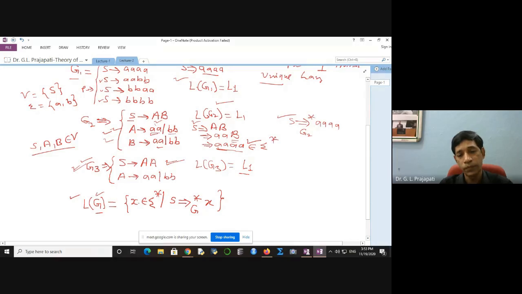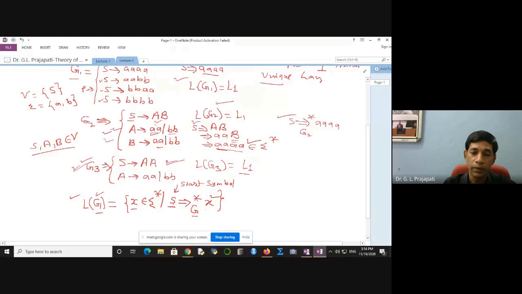If you are given a grammar, the language represented by the grammar G can be defined like this. It is the set of strings x taken from sigma star, where sigma is the alphabet of the language, such that starting from the start symbol S, you are able to derive x by using the production rules of the grammar G. Here star means you can obtain it directly from S, or by a sequence of production rules.